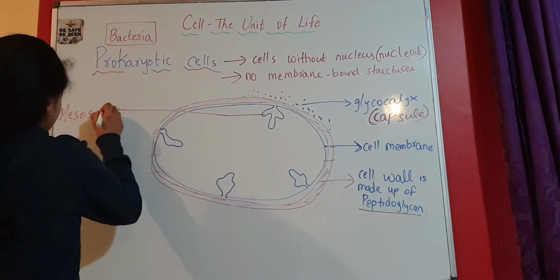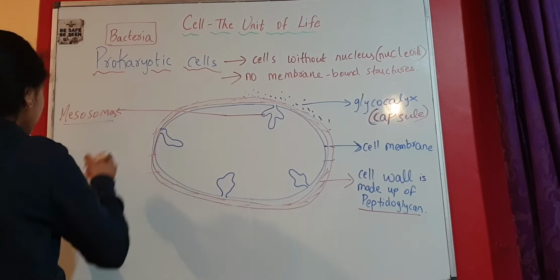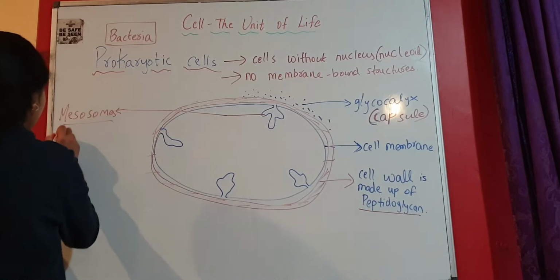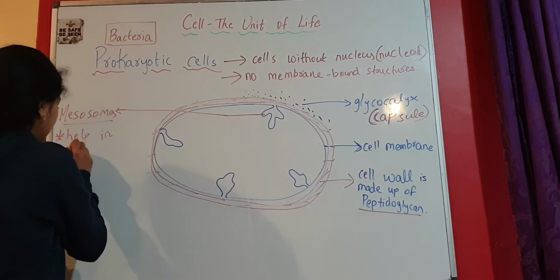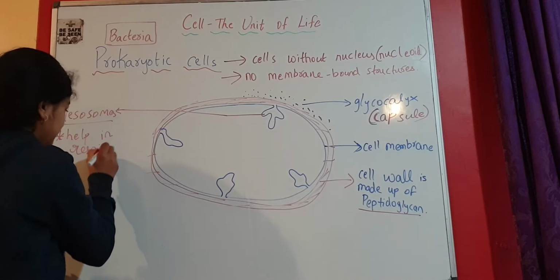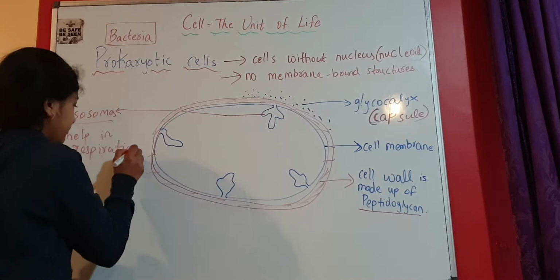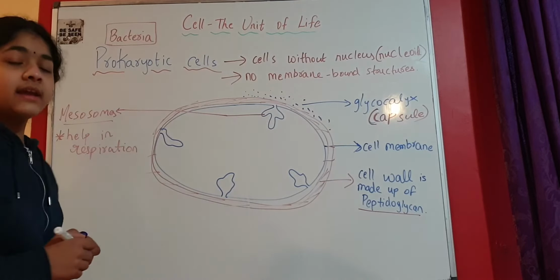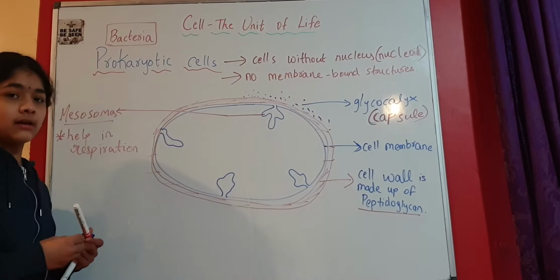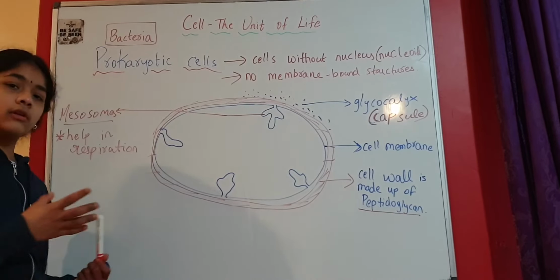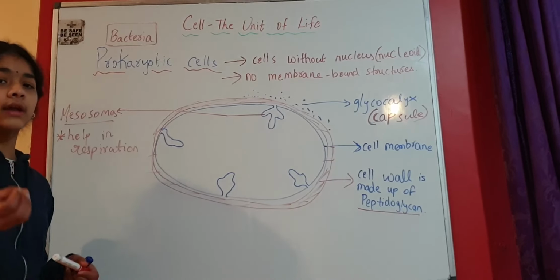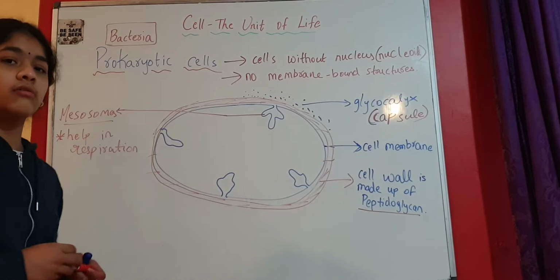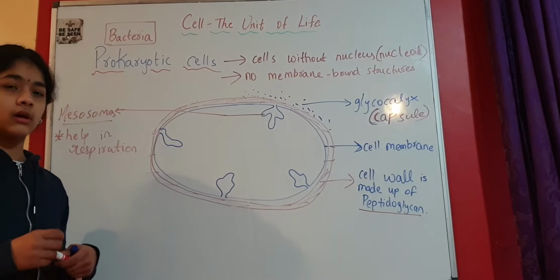What is the function of mesosomes? Mesosomes help in respiration. They act like the mitochondria of eukaryotic cells. In eukaryotic cells, mitochondria is the energy powerhouse of the cell.